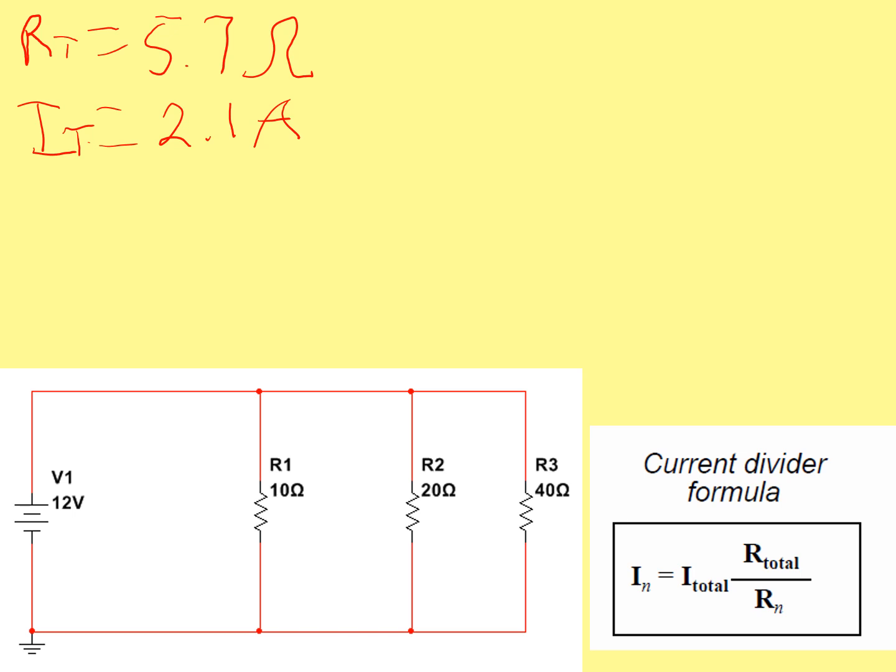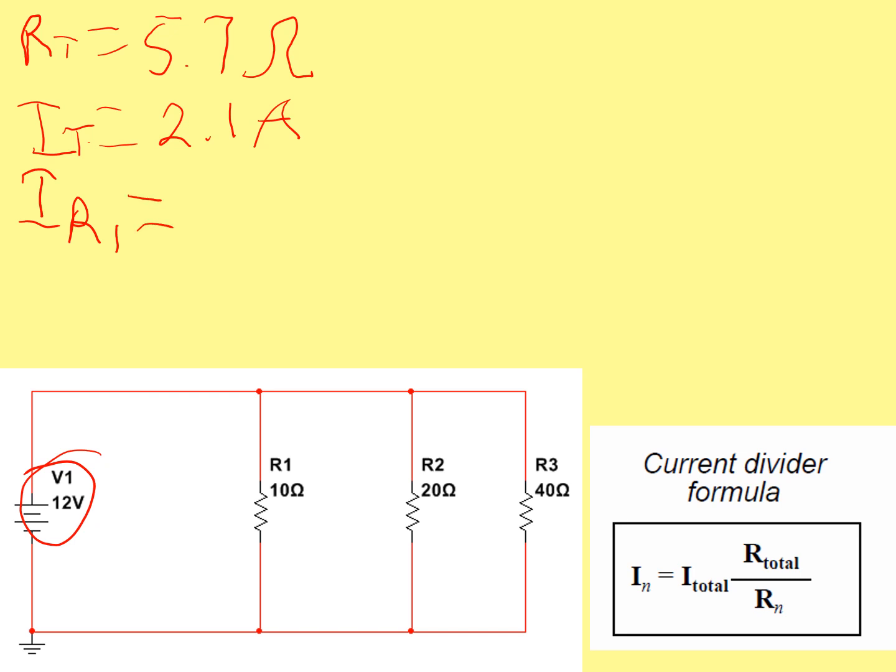Next step is we do individual branch currents, because we know that all of the resistors will have source voltage of 12 volts. But what's IR1?